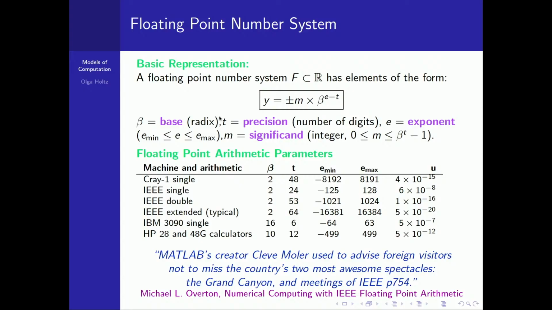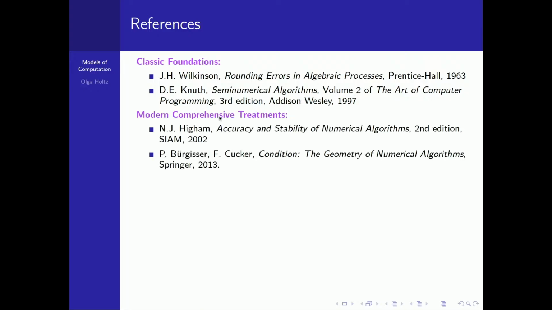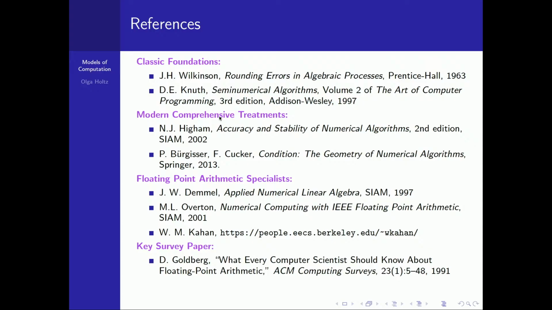And if you want to learn more, read basically everything on Velvel Kahan's website, because he is amazingly careful about describing all these intricacies. And he has been, as you know, right behind a lot of the IEEE standards and the floating point developments. Here is by no means a comprehensive list; these are just some references that I like.